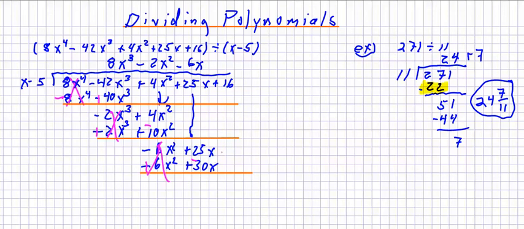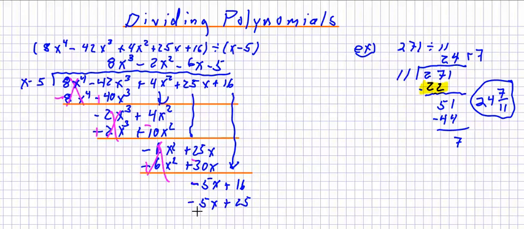These cancel. 25x, negative 30x, minus 5x. And lastly, we bring down the 16, and we have plus 16. Minus 5 goes into the negative 5x. We have negative 5x plus 25.